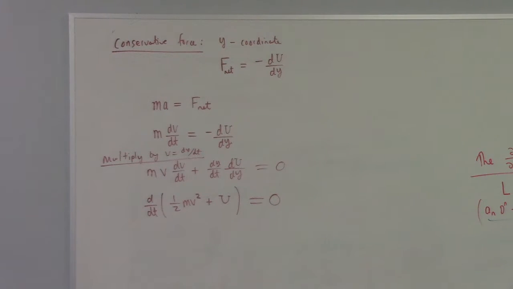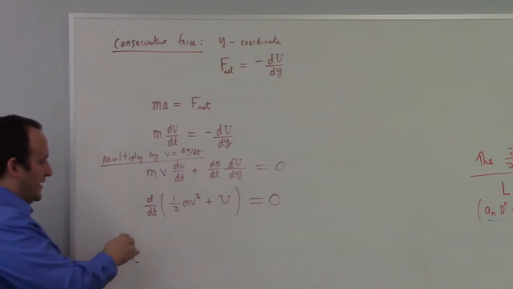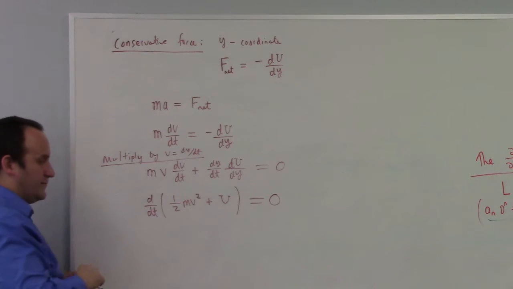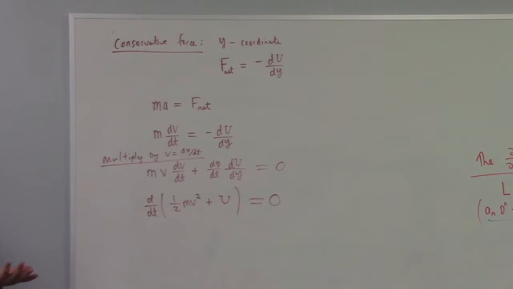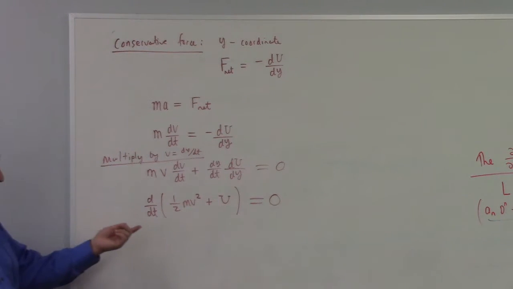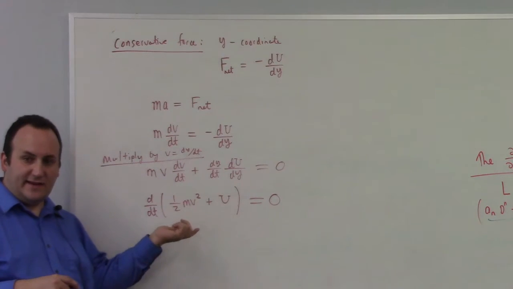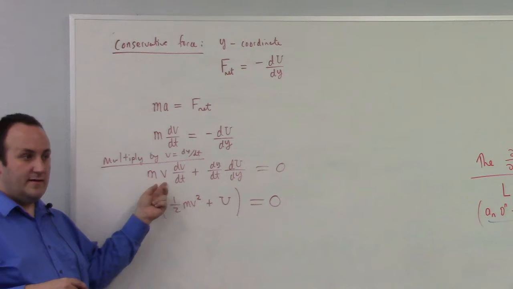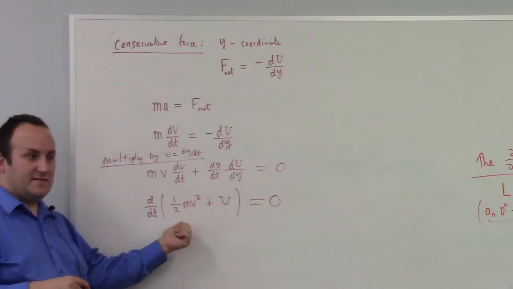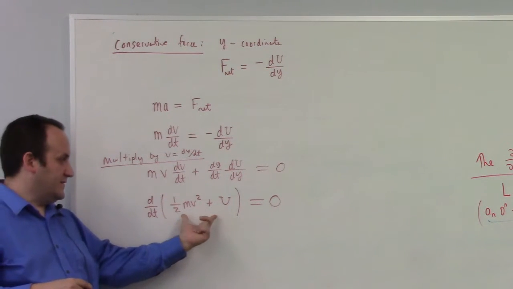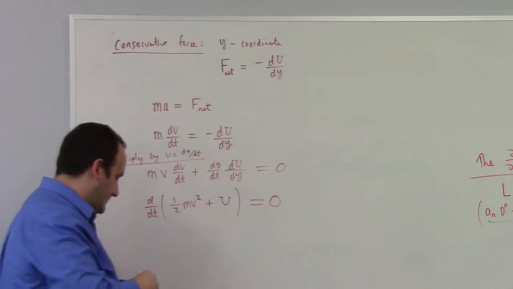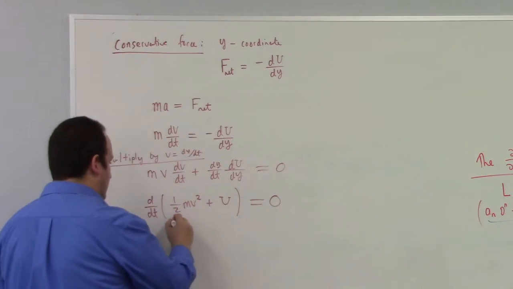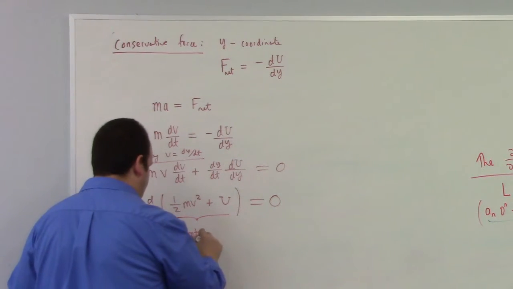And the first thing is really just an identity. What happens if you differentiate 1/2 mv squared with respect to time? Assuming the mass is constant, this gives you 2v dv dt by the chain rule, which is what we have up here, except there's no 2, but that's why the half is here. Do you guys recognize what this is? Right, this is the total mechanical energy.